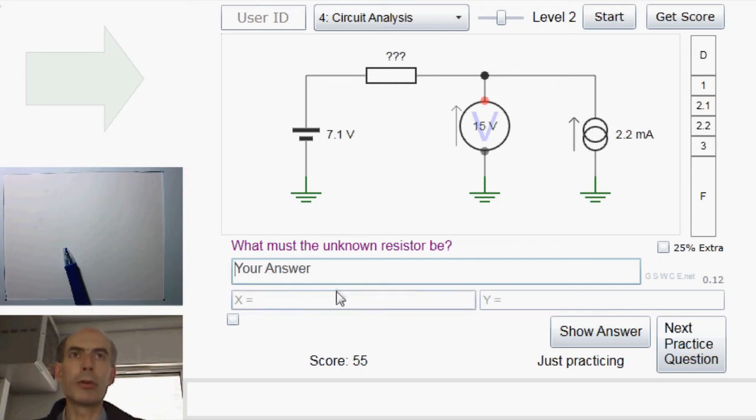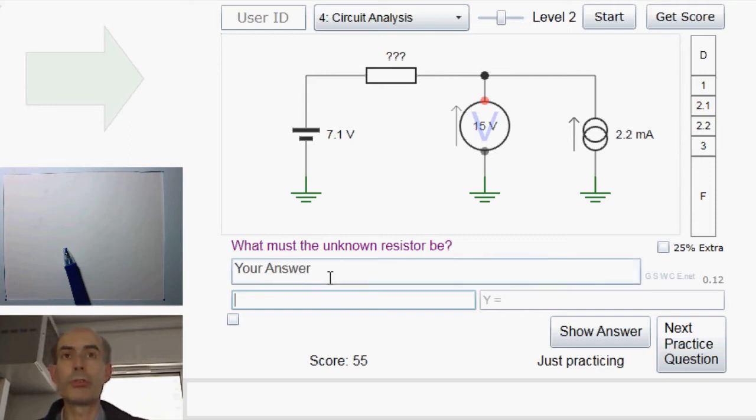Now we need to work out an unknown resistor. Now we know that there's a potential difference of 15 minus 7.1, which is 7.9 volts across this resistor. So the current through that resistor is 2.2 milliamps, because no current can flow down through here, so all of that 2.2 milliamps must be flowing through that resistor.